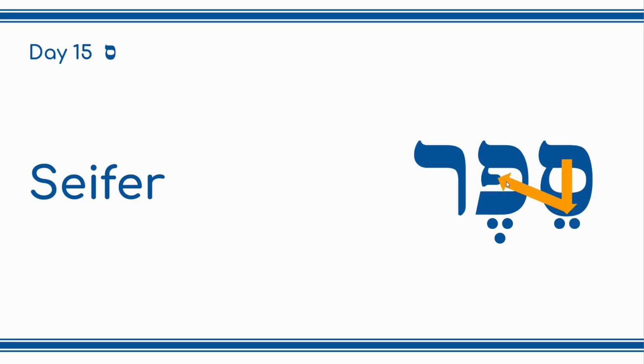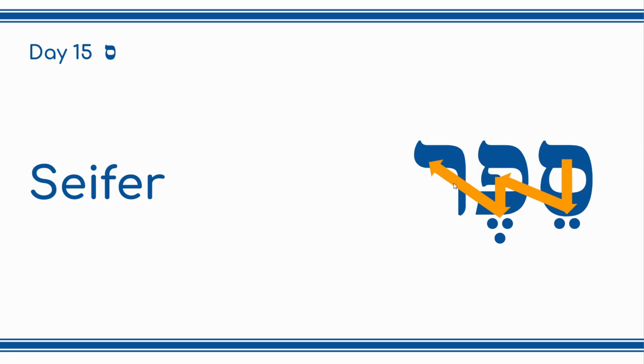Then you look down, you see the segol. This makes an eh sound, like an E. So you go f, eh, fe. And so you have say, fe. Those are the first two sounds.